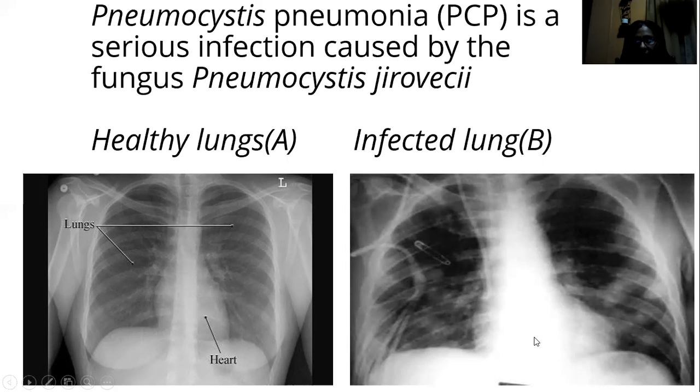Those are the fungus growing in the lungs, and you can also see the capacity of the gas exchange is minimal compared to a healthy lung. So that's one of the main effects of this fungus.